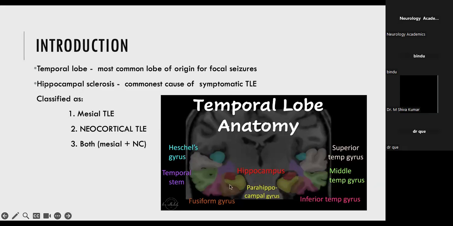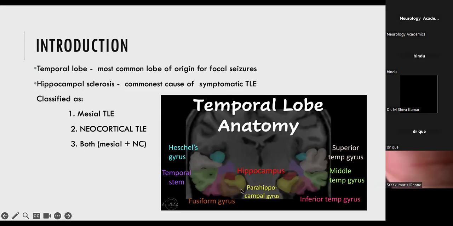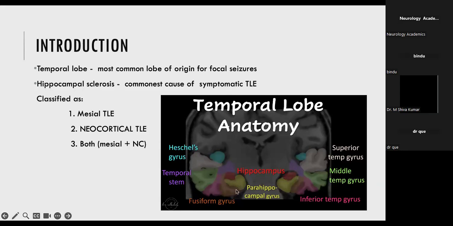Here, you can see the collateral sulcus. Any structures medial to the collateral sulcus are known as mesial structures of the temporal lobe, and the structures lateral to the collateral sulcus belong to the lateral or neocortical structures.